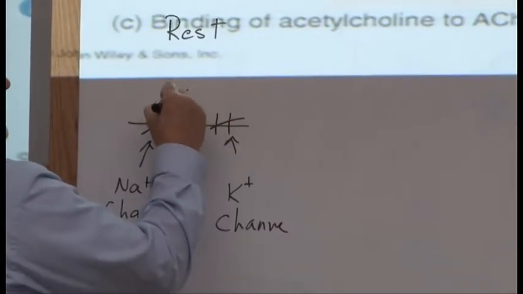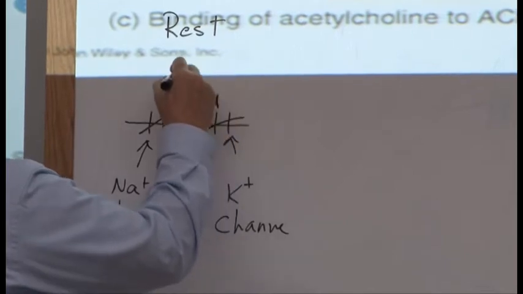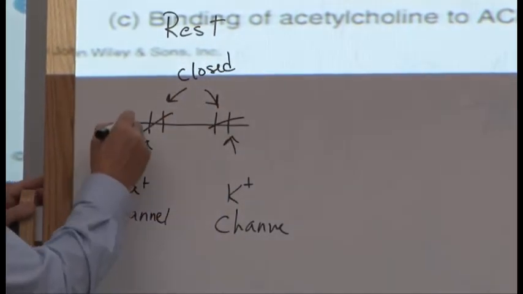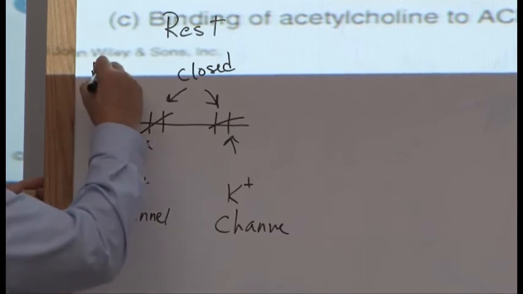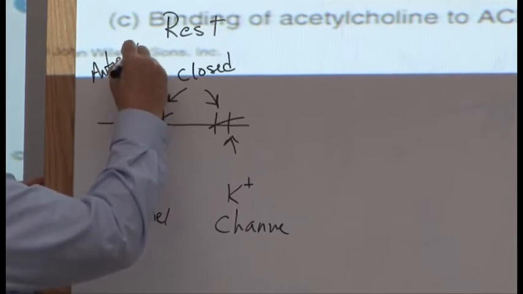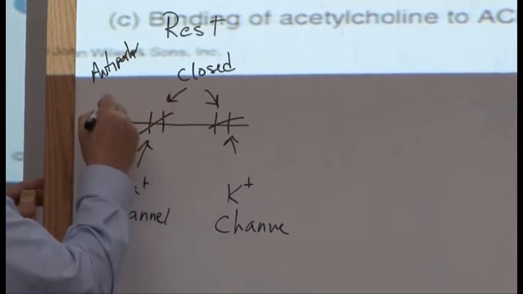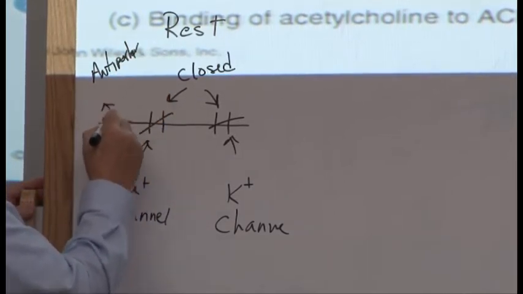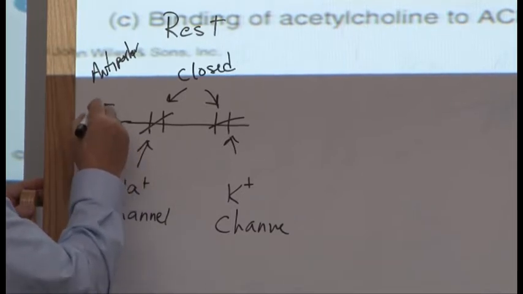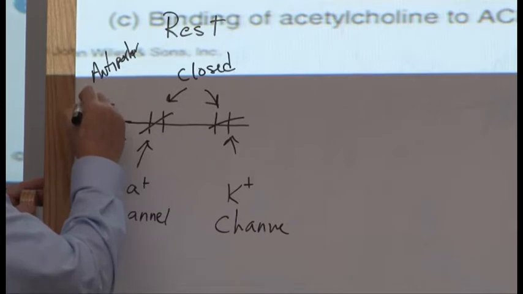So both are closed. And we have this active transport mechanism called an antiporter that is constantly moving sodium out of the cell and constantly putting potassium into the cell.